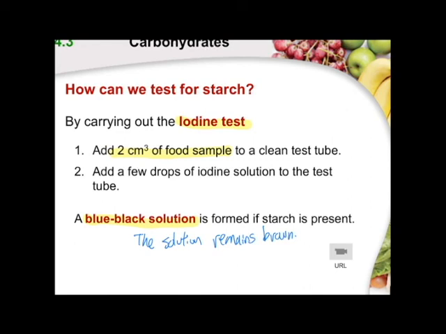So how should you write your observation in your practical exam? You always say the initial observation changed to a final observation. So you say, after adding iodine solution, the brown solution changes to a blue-black solution. This indicates that starch is present.